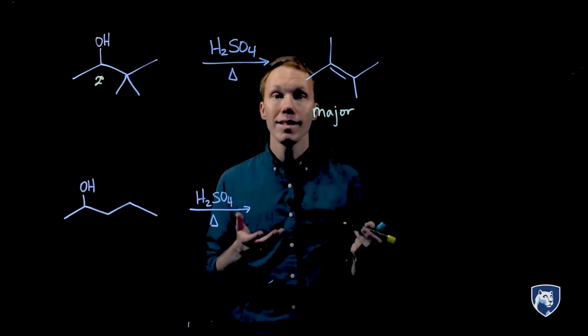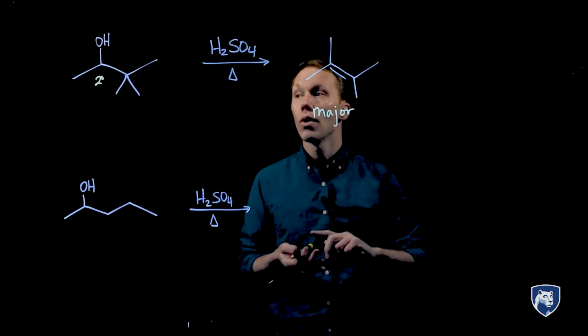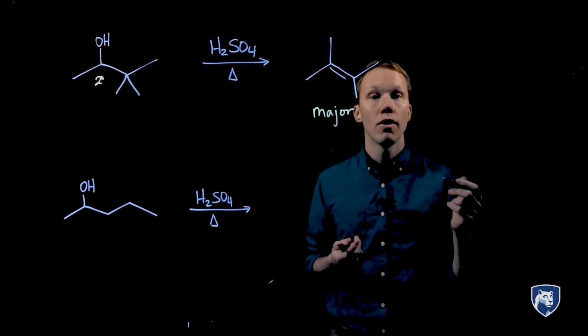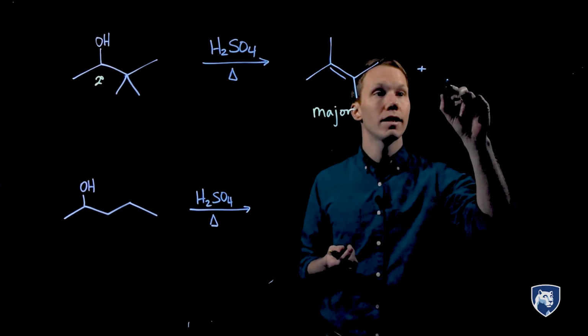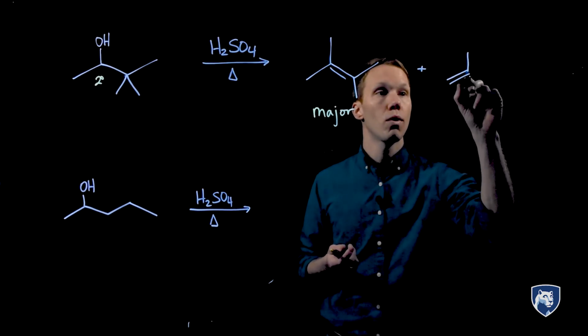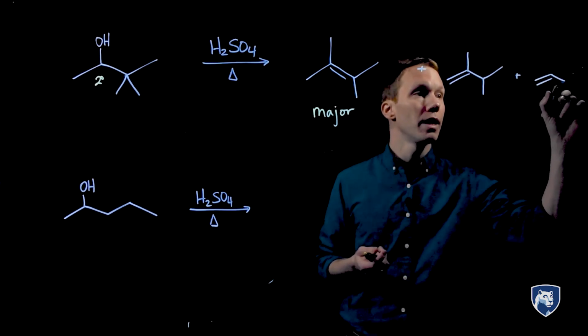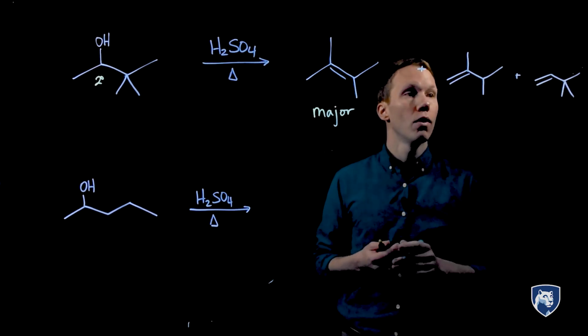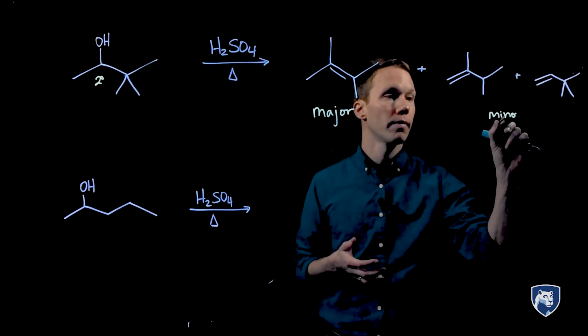Yes, the carbon skeleton is different. There has been a rearrangement. Rearrangements are quite common for secondary alcohols. Of course, we can get elimination to form the terminal alkene, as well as elimination prior to rearrangement. But these are both minor products.